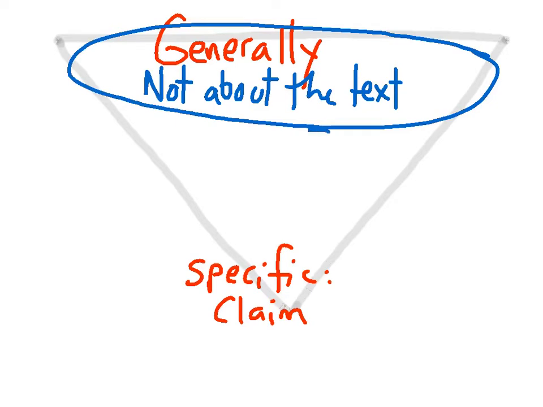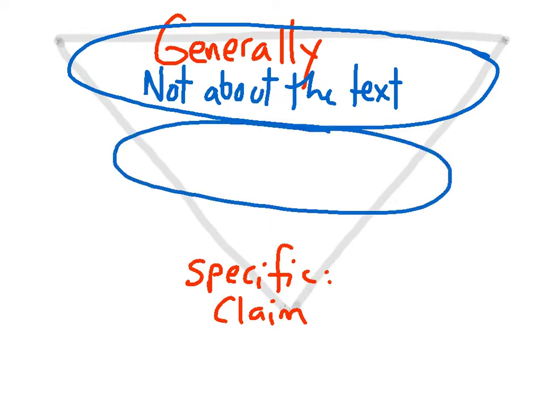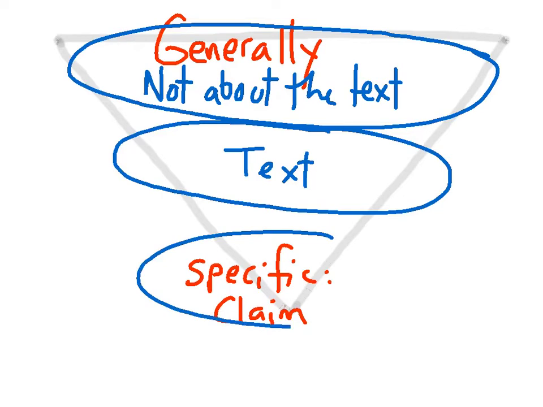And then the second part, that's where we get our reader into the text itself. And finally, we work our way down to our specific claim. So let's take a look at an actual introduction for the novel The City of Ember, and let's see if we can break it down into its three general parts.